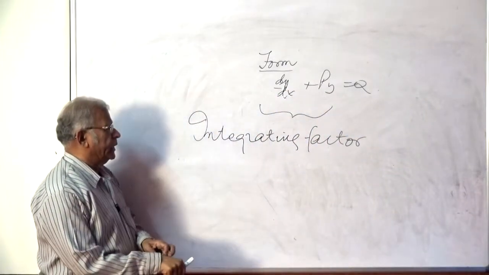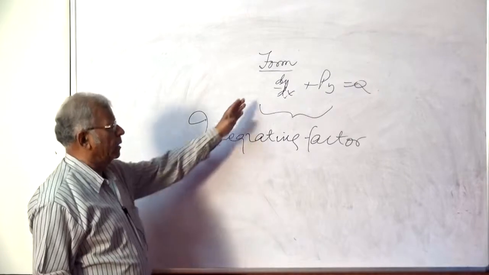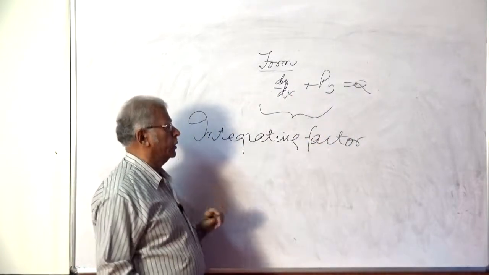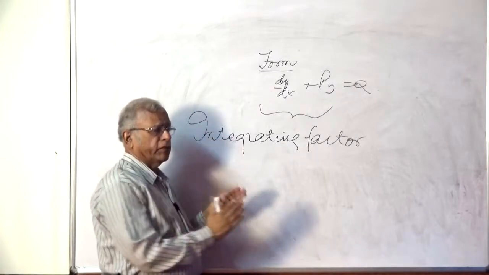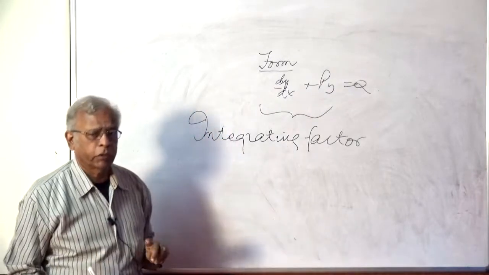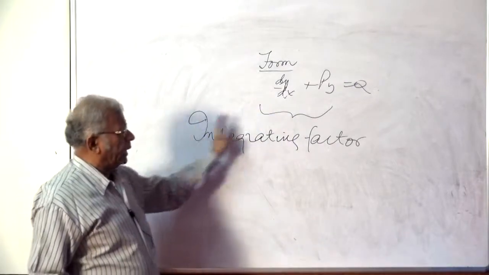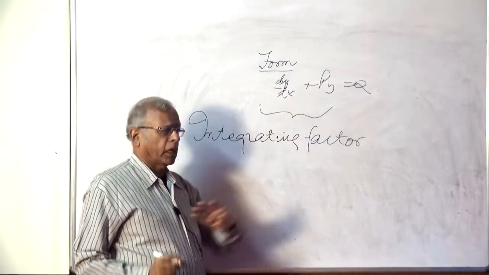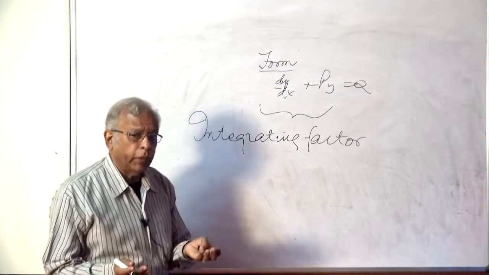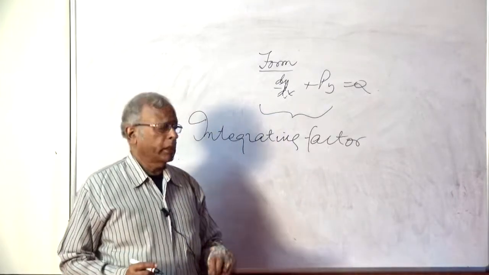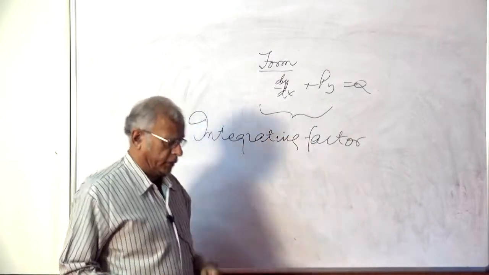The purpose of an integrating factor is to render the left-hand side of the transformed equation as the derivative of the product of two functions. So what we will do is start by multiplying the whole equation by an unknown function, which we will try to get under certain assumptions, and then this equation can be solved.